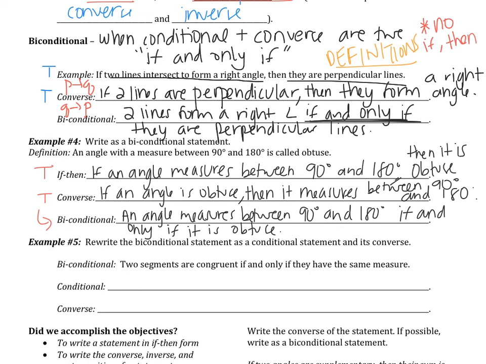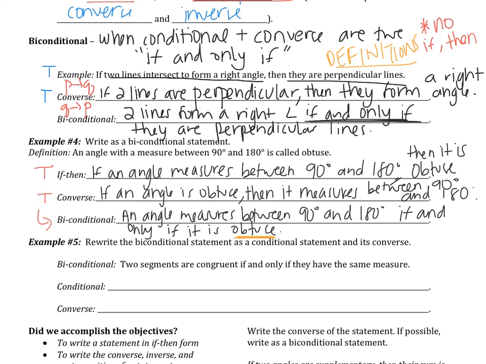So I told you that biconditional statements are used for definitions. In this case, this would be the definition of an obtuse angle. So an angle measures between 90 and 180 if and only if it is obtuse. So again, the if-then, the conditional is true, the converse is true, then the biconditional is going to be true, and it's going to be a definition.